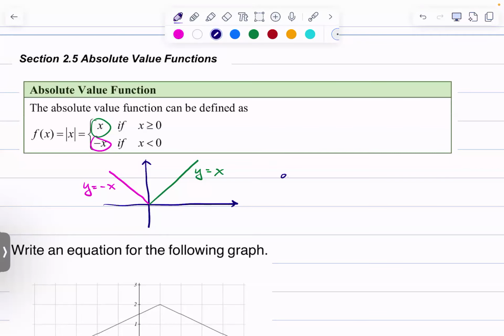Together, they make the absolute value of x. So it's just a piecewise function.